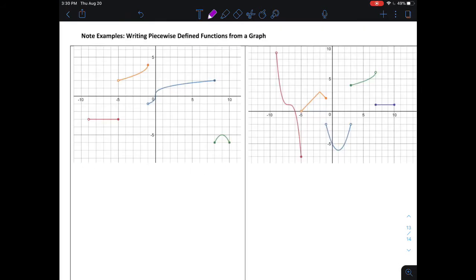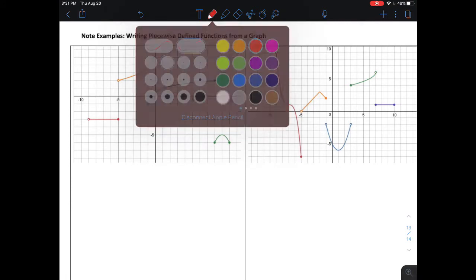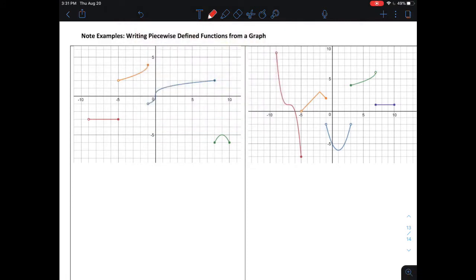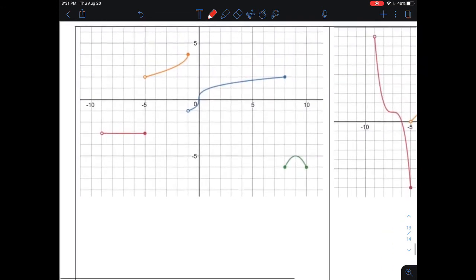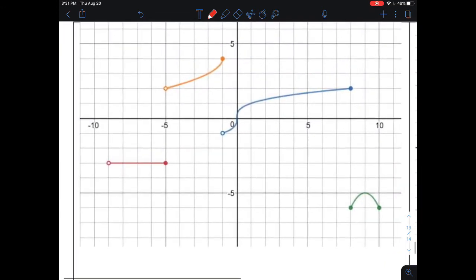Now let's talk about how to write the equation of a piecewise function from a graph. What we do is apply our function transformation rules to our parent functions to the best that we can. So I'm going to zoom in here and look at these parts of this piecewise defined function, and I try to identify the equations they would be.